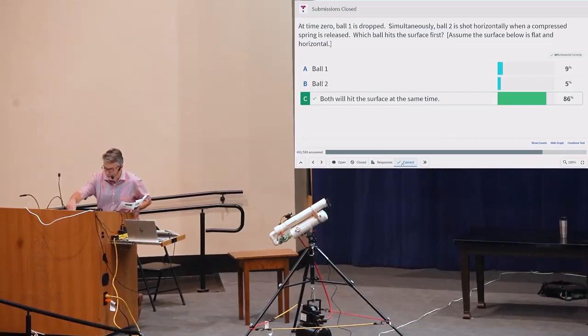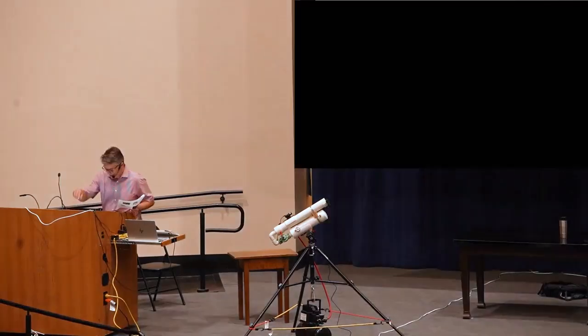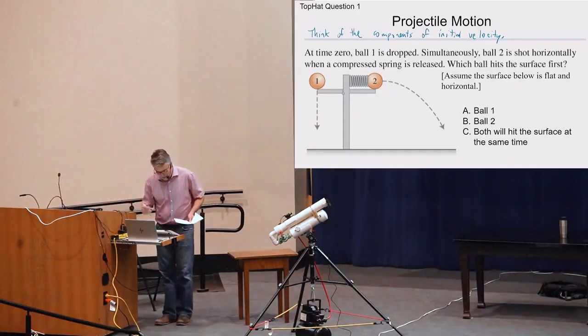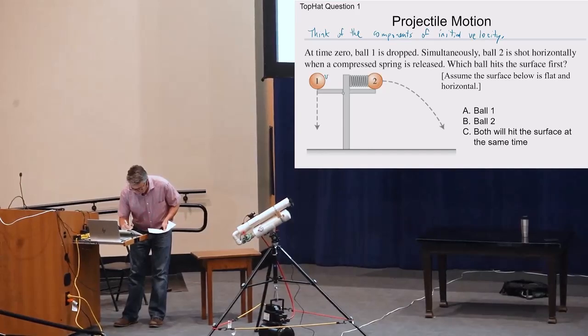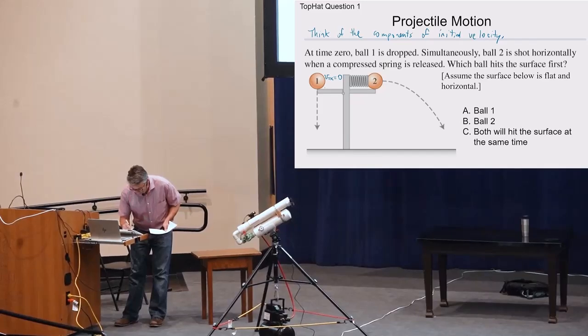it's kind of amazing to think of this. But I think of it in terms of the components of the initial velocity. So here, v0x, the component of the x velocity, is 0, and v0y is 0. Here, v0x is some large number.